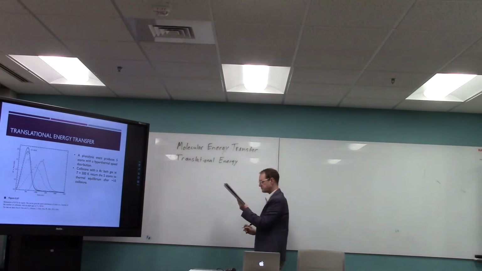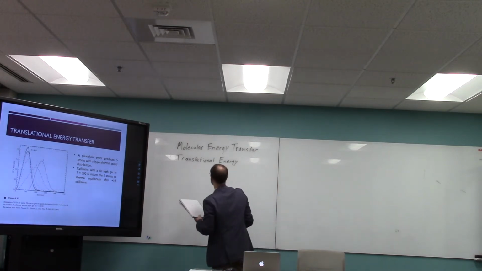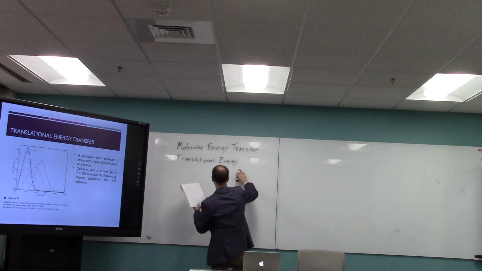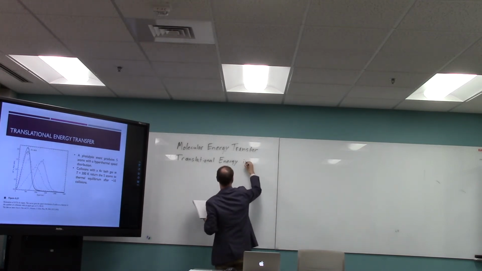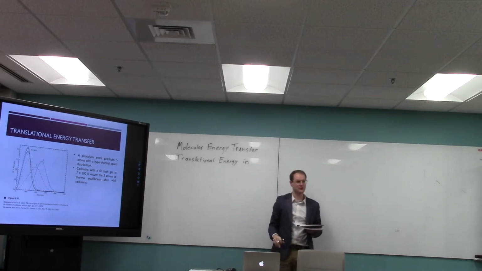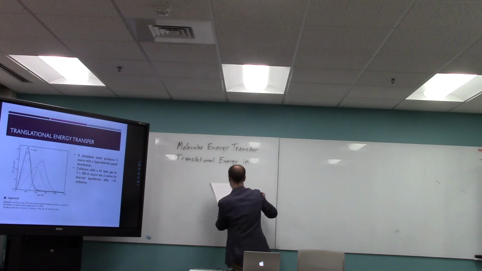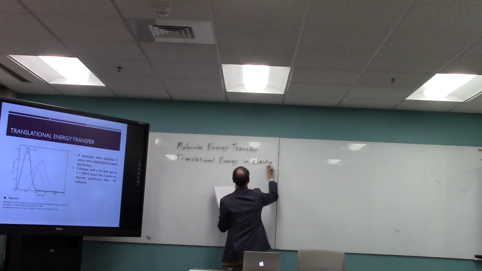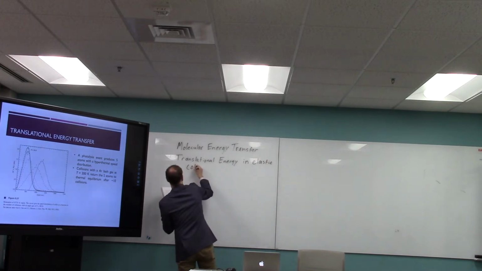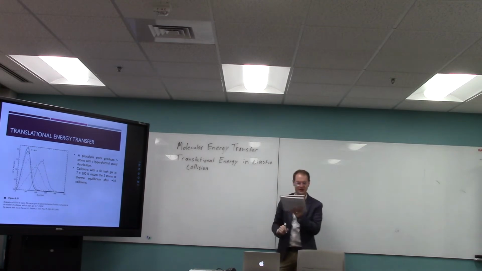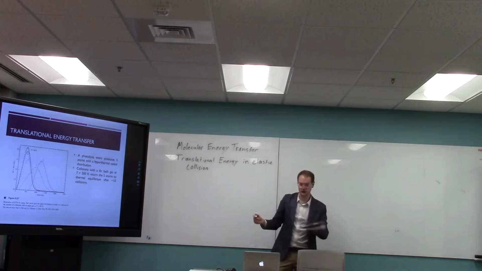The simplest case that we're going to consider is an elastic collision, meaning there are no internal degrees of freedom that get excited during the collision. And the simplest type of collision that we can consider would be a hard sphere collision.